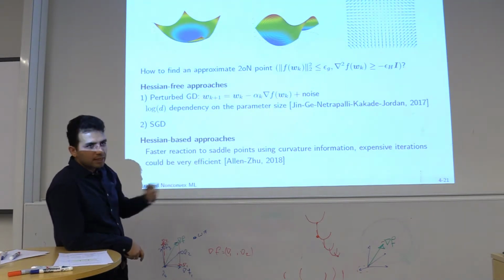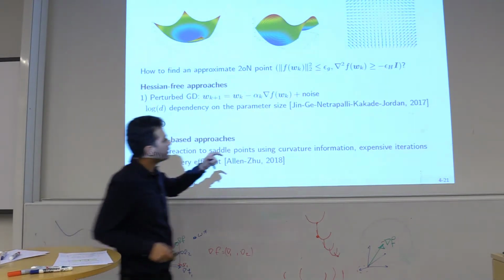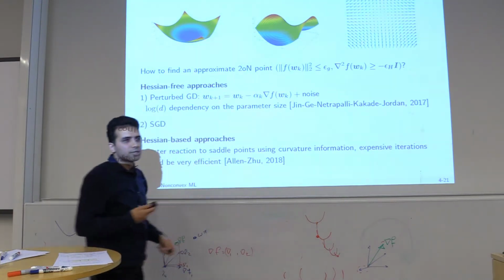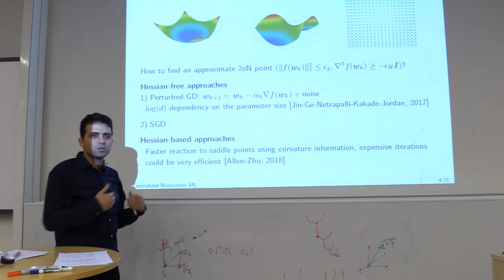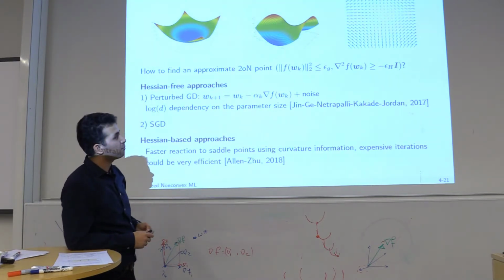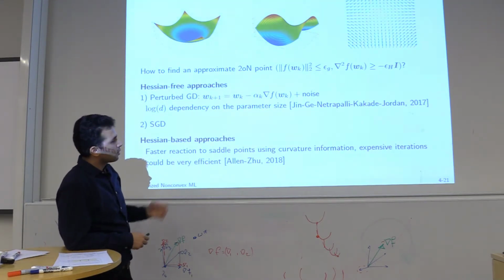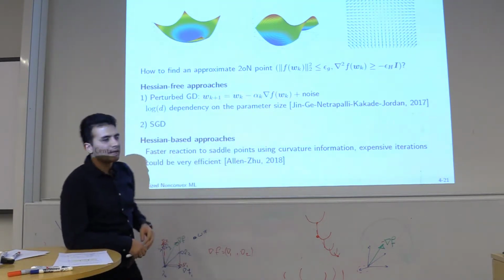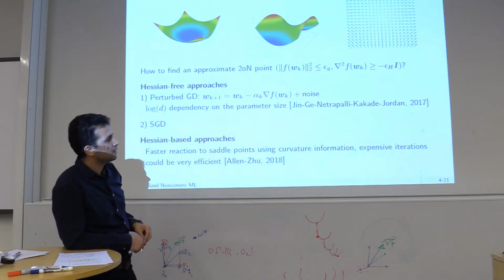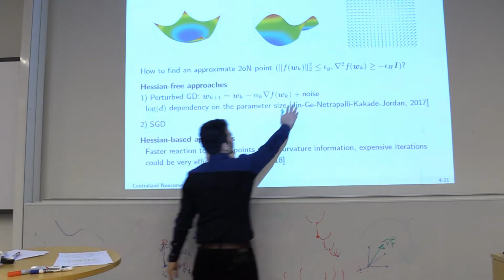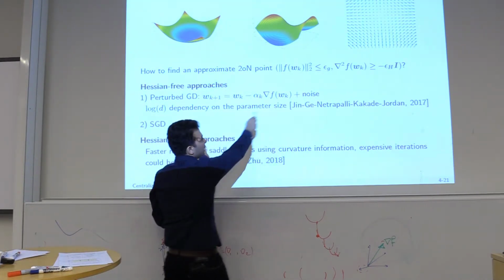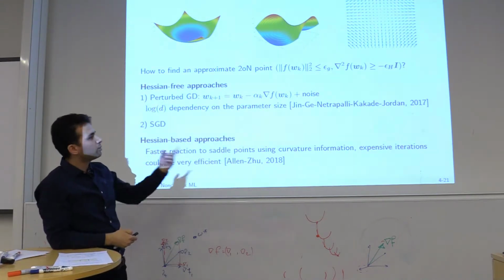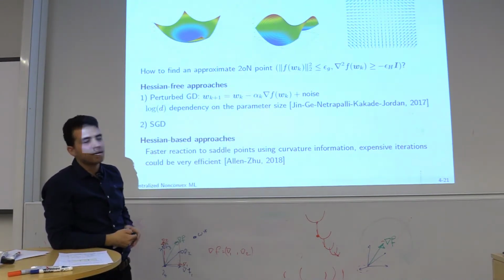And then actually you can show that with this, whenever first order stationarity is satisfied, so you think that you are close to a local minimum, then run this. Otherwise, don't run that. It's a very simple algorithm called perturbed gradient descent. So again, you have normal gradient descent, and you add some noise whenever the first condition is satisfied, something like that. And then you do that 3 times, 4 times, 5 times.